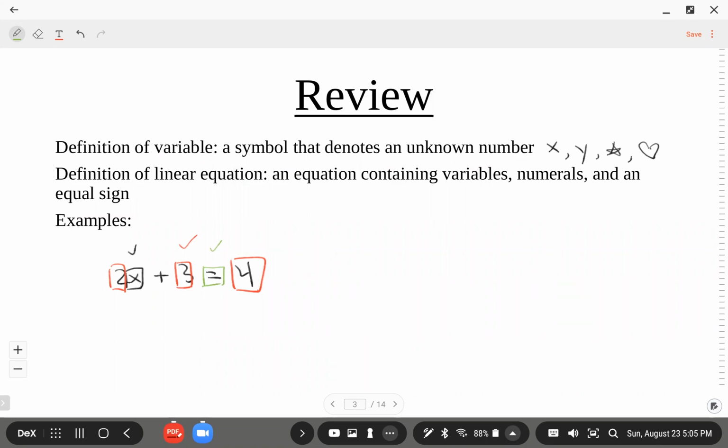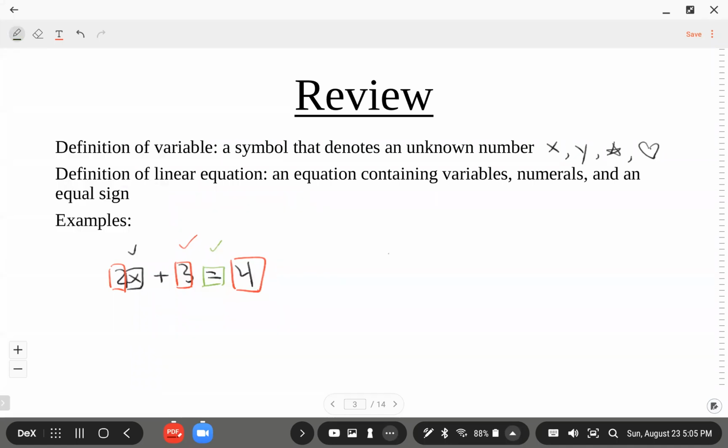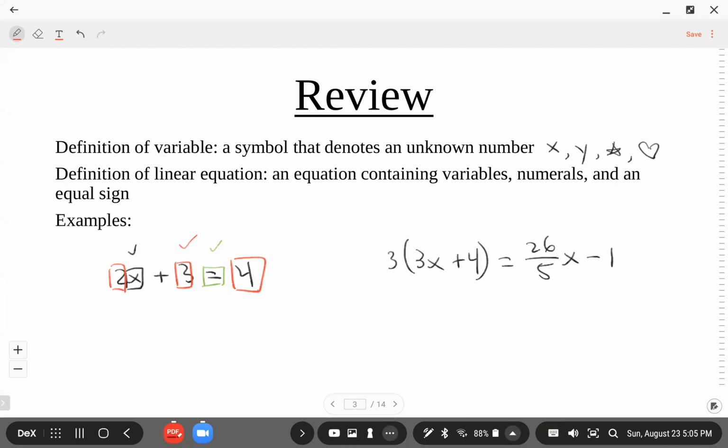And then, let me come up with a more complicated one. Let's say we have 3 times the quantity of 3x plus 4 equals 26, or 5x minus 1. Okay? Let's see. Does it have a variable? Yes.